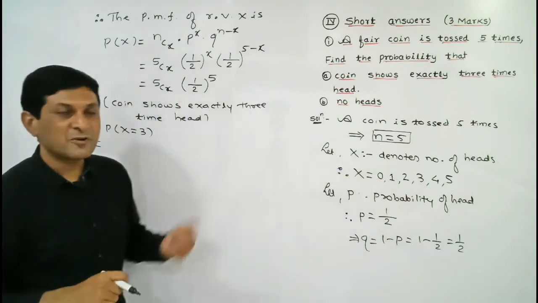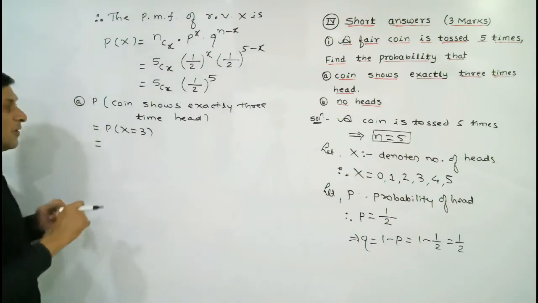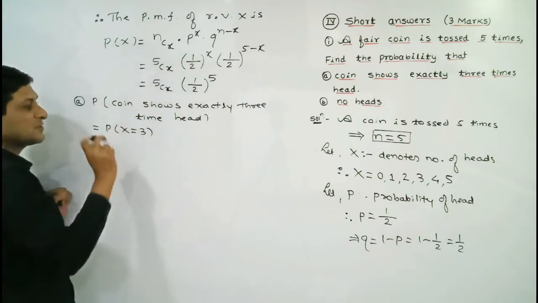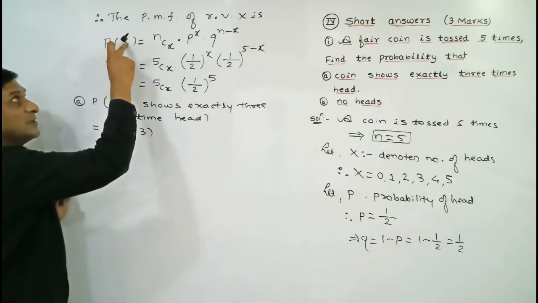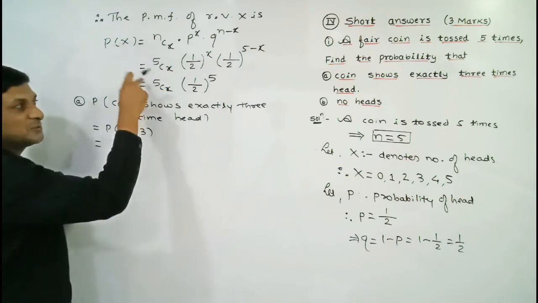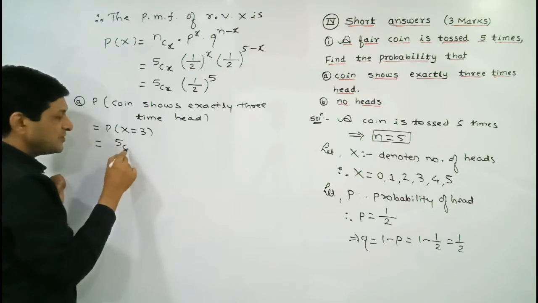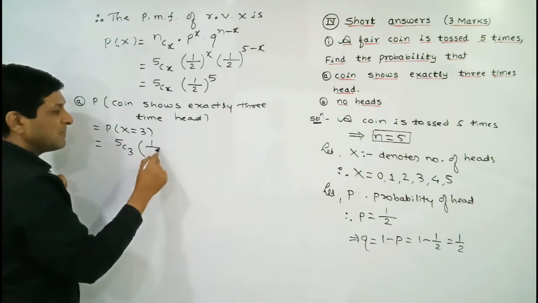Here we have to find the probability when x is equal to 3, meaning the number of heads is equal to 3. Already the formula to find p of x is known to us, we just have to substitute. On this side x is equal to 3, so on this side also we have to replace x by 3.